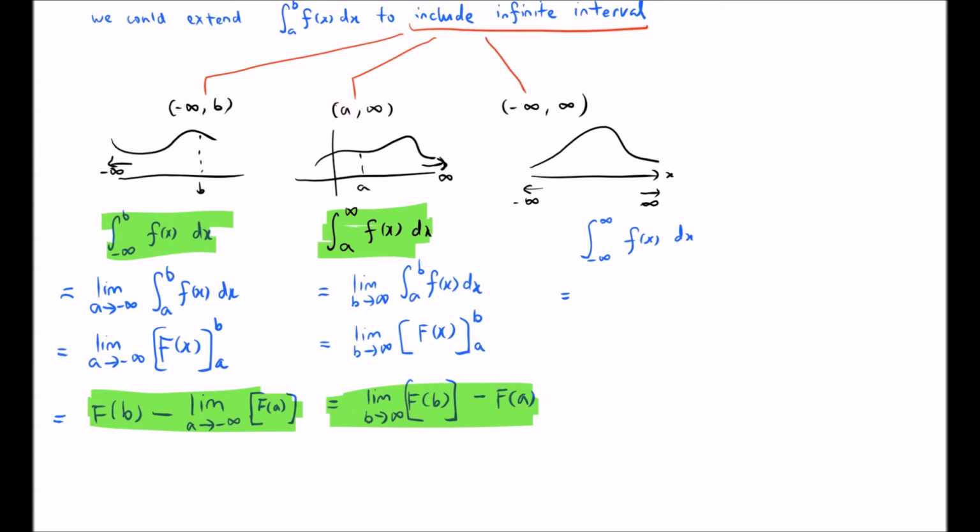We can think of having a c in between negative infinity and infinity, anywhere. So you integrate from negative infinity to c, then plus c to infinity.